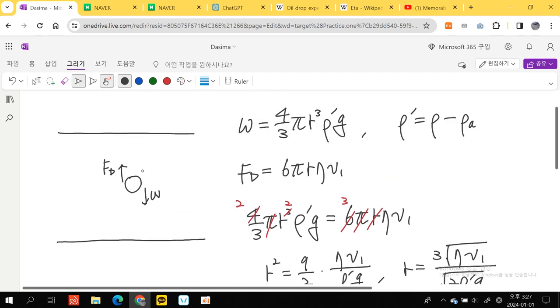And now let's apply the electrical field between these two plates.